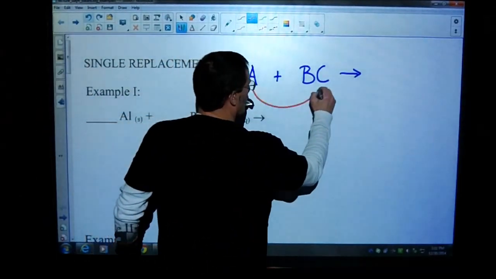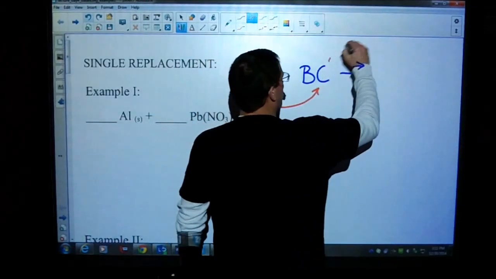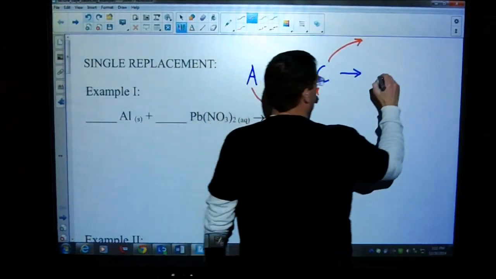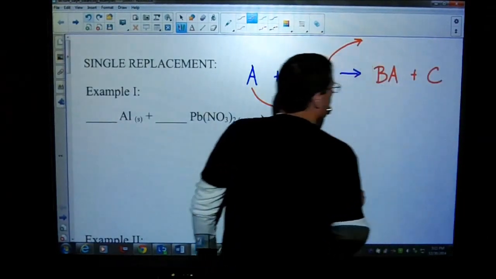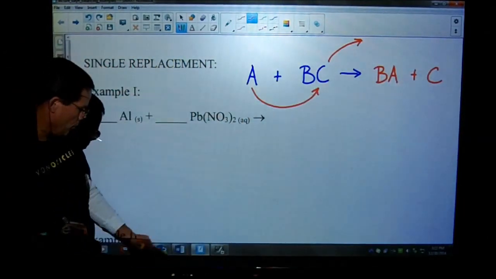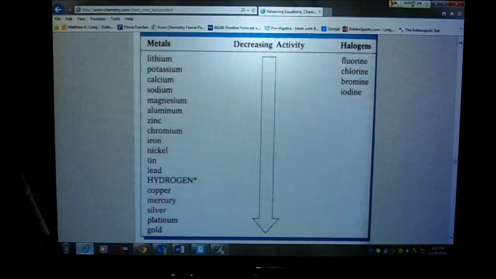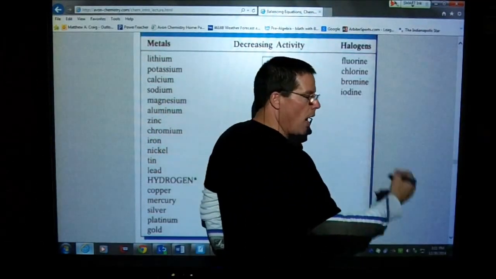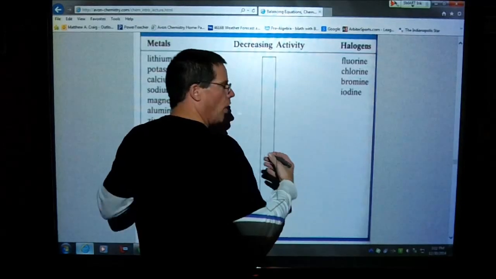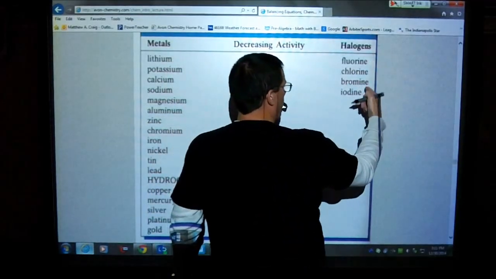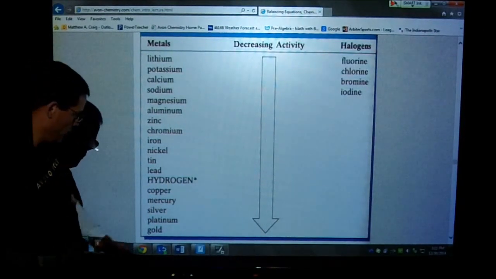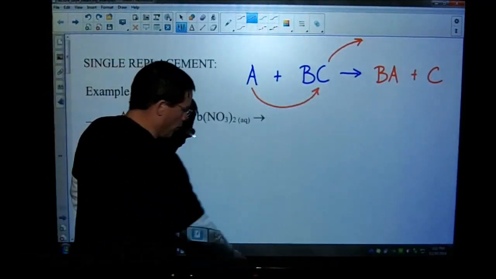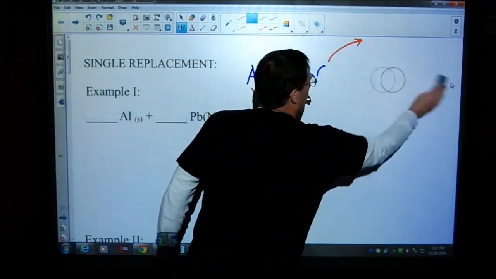If A is a non-metal, then what that means is it will kick that out, and so now we'll have BA plus C. So that's how the reaction will take place, and again, that will only take place if the non-metal all by itself on the reactant side is listed higher than that which it's trying to replace. And we'll see some examples of that here very shortly. Alright, so those are the two generic equations.